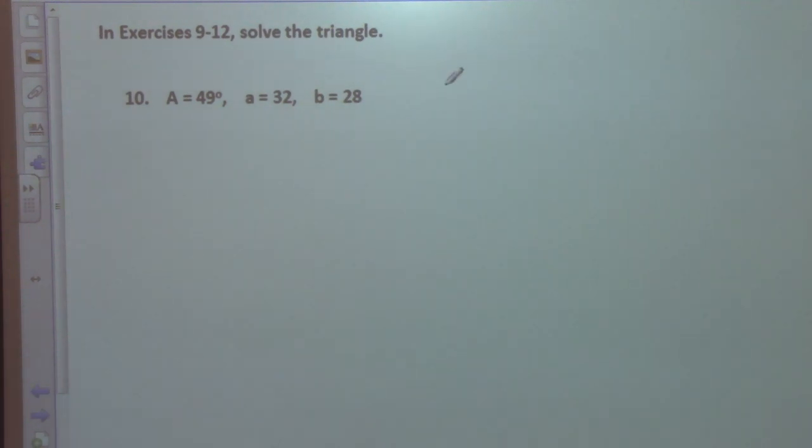So, I drew a picture. Okay, so you got angle A, something like this. And then side A, you said was 32. So some side over here is 32, that equals little a. And then little b is going to be close to that length.